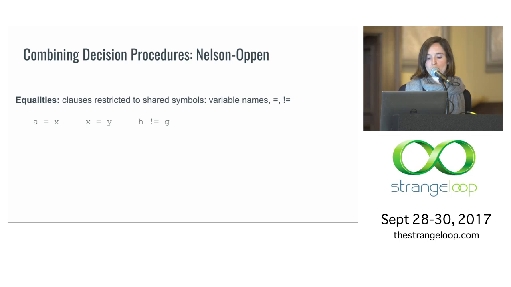So what are the equalities that we're allowed to propagate? We need to propagate things that are shared symbols between the two theory solvers, because it's not useful for me to propagate something that the theory solver I'm propagating to doesn't understand. So the only things that we're able to propagate are equalities and variables that can be shared, like a equals x, x equals y, or h doesn't equal g.